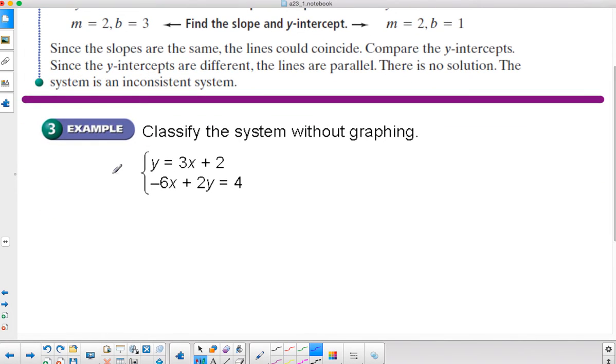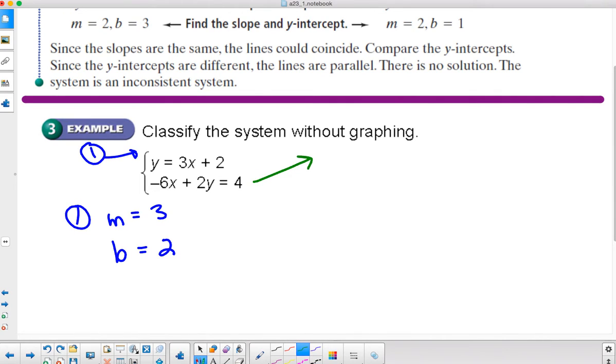Loving these because this one is already solved for y. So I know that for equation 1, the slope is 3. The y-intercept is 2. Now let's take a look at the second equation. Negative 6x plus 2y is 4.